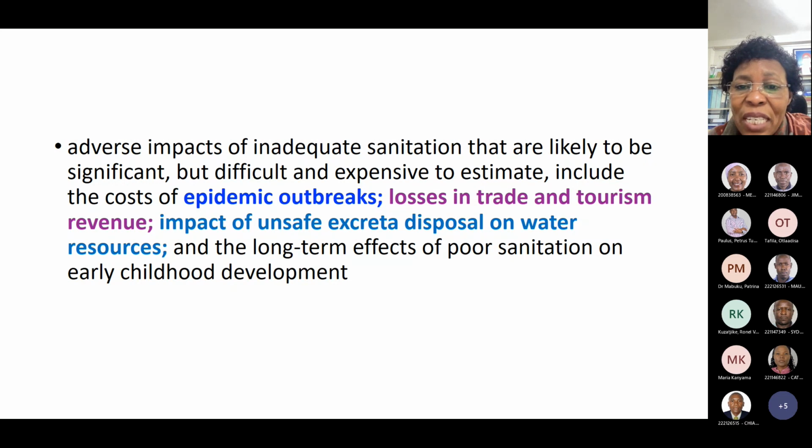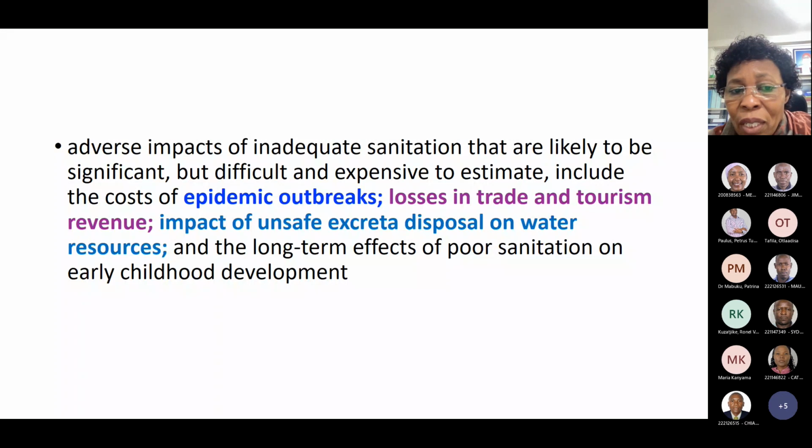We want to have countries, nations with children with good brains, children who will be able to study well and be innovative where possible, but generally contribute to the economic growth of the country. Now, when these kids are challenged in terms of their development, and development here, I believe they don't necessarily mean just physical growth, but also brain development. It's a big challenge.